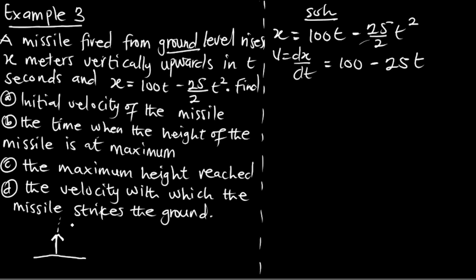And we are to find its initial velocity at the ground level. So at the ground level, the time was 0. Initial means it's now coming to a start, and we want the starting velocity, meaning t will be equal to 0.